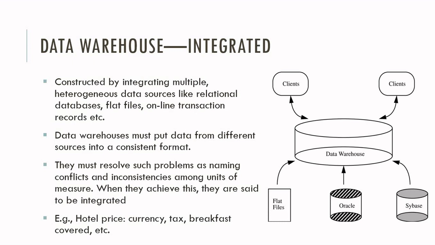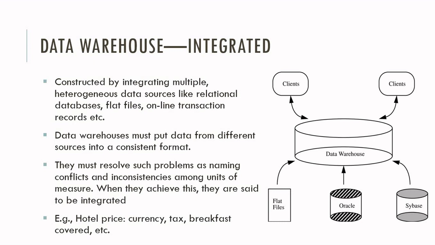The format of each database is different. Also the naming convention is different. For example, in one database the price is in rupees, while in another database the price is in dollars. So this is the problem when we are integrating multiple databases.